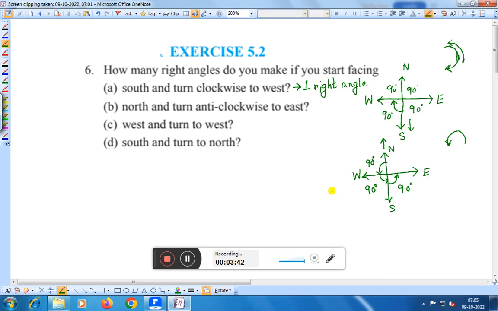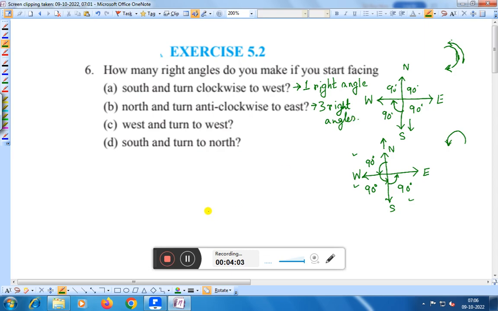That means how many right angles? 1, 2, 3 right angles. So north and turn anti-clockwise to east is 3 right angles.